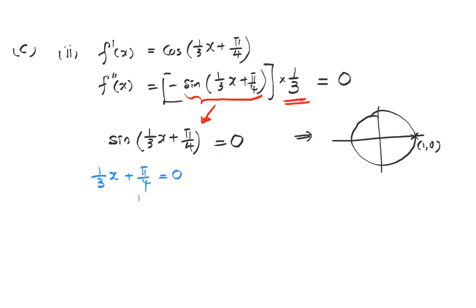So 1/3 x equal to negative pi by 4. So this one is not the solution. I don't have to work out anymore. Why? Because x must be greater than 0. Am I right?